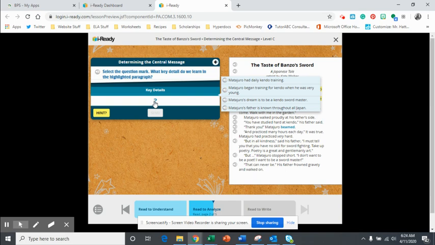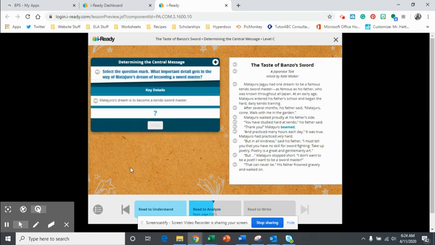And then once you've eliminated all of them, go back to the ones that have a possibility of being correct, and then select the one that is best. Remember, we're focusing on key details, so it provides important information about a lot of information in the text. All right, on to the next.